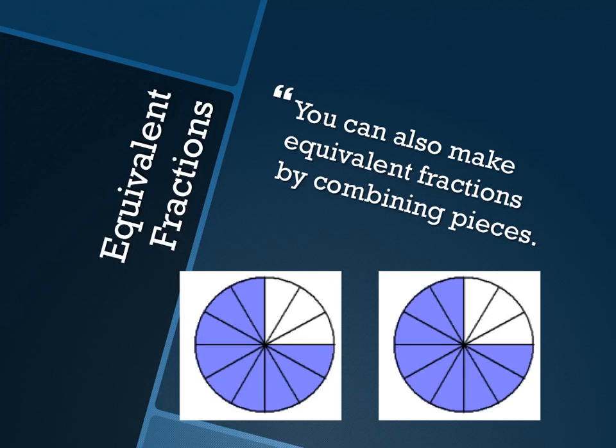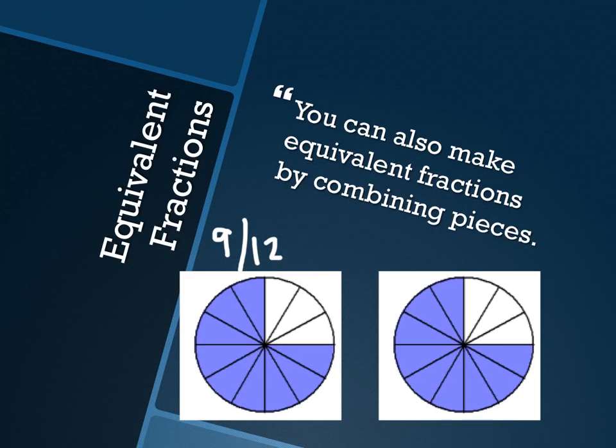Yesterday, we learned how to make equivalent fractions by taking pieces and making more of them, using models and multiplication. Today, we're going to show how to make equivalent fractions by combining pieces. Let's take a look at this example. In this picture, I see 9/12.